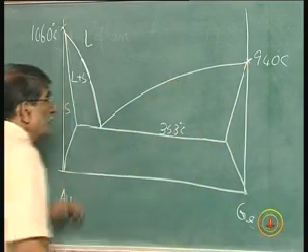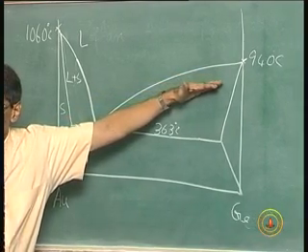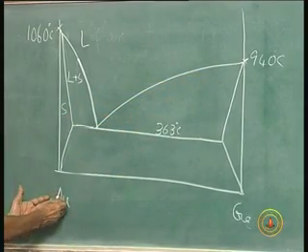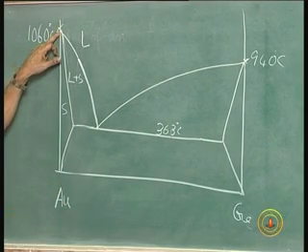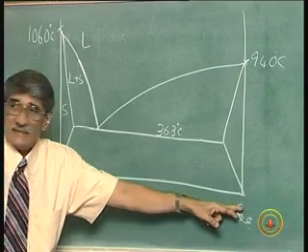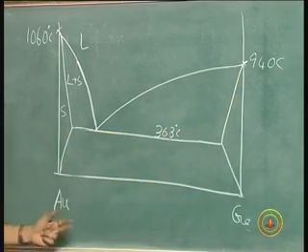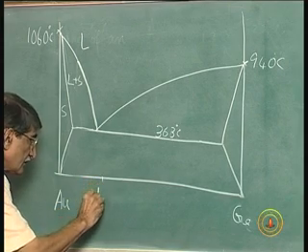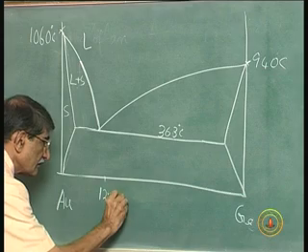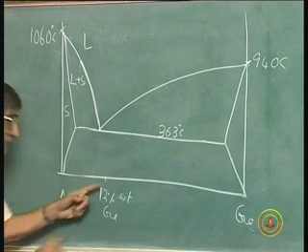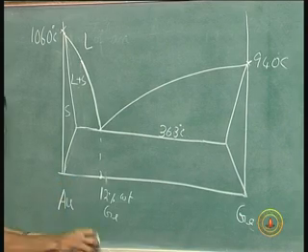From there, this is liquid. In the sense, whatever composition is there, vary gold from 100%, the melting point is 1060. And if germanium alone is there, 100%, the melting point is 940 degrees centigrade. If the composition is 12% by weight germanium, at that point, that is the melting point.